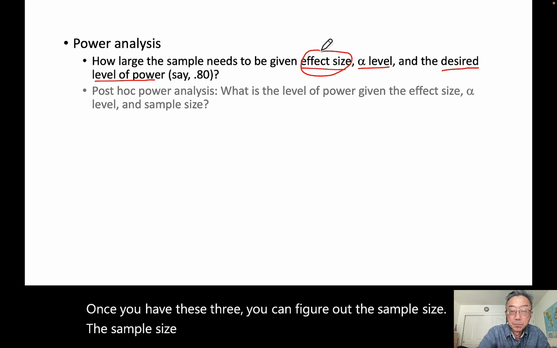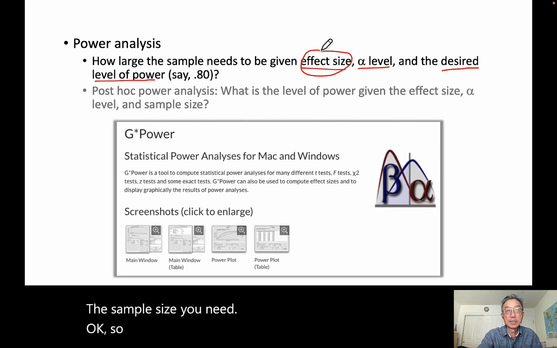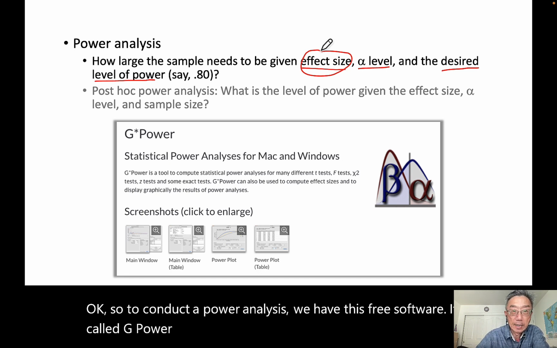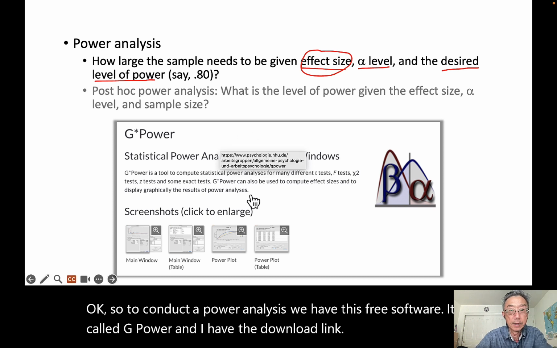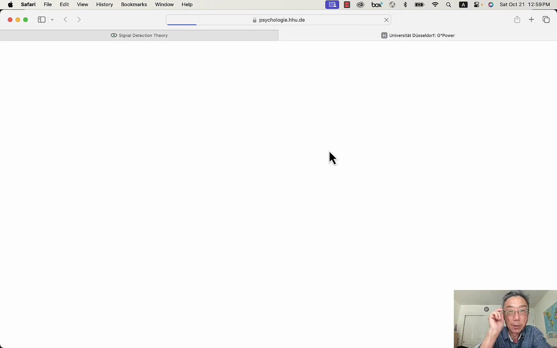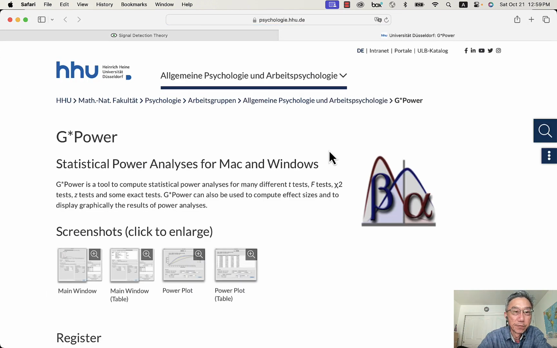Okay, so to conduct a power analysis, we have this free software. It's called G-Power, and I have the download link. If you click the link, it leads you to a page. G-Power has a version for Mac computers, and they also have a version for Windows.